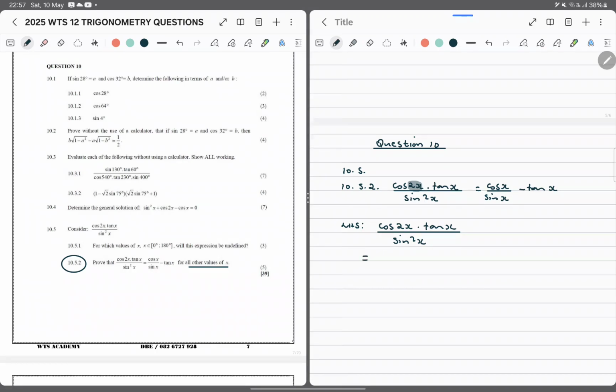Now, how are we going to handle this business right here? Well, we can handle it in two ways. The one thing I want is to eliminate one cos here because I only have one left. So I just want to get rid of perhaps one cos and see what happens, because you see I've got a sine squared and then here I only have a sine.